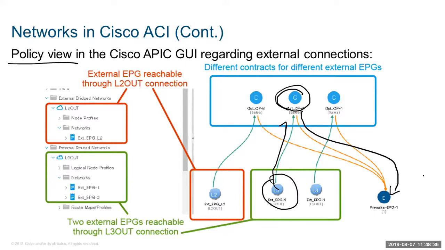By the way, the direction of the arrows also shows whether it's a provider or consumer relationship. Provider is usually the server side, the consumer is usually the client side. The entities which initiate the communication would be termed the client, or they are the consumers.